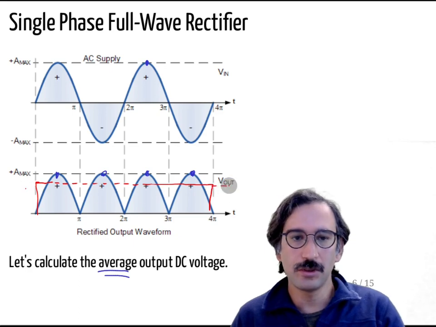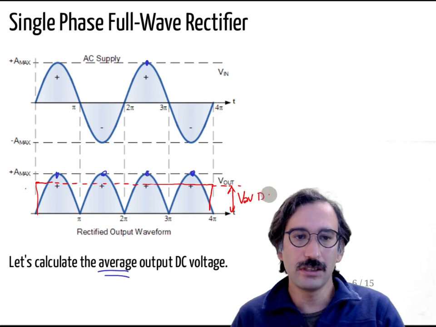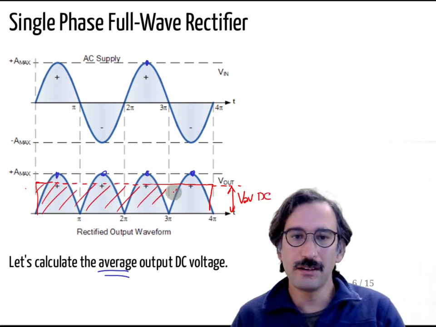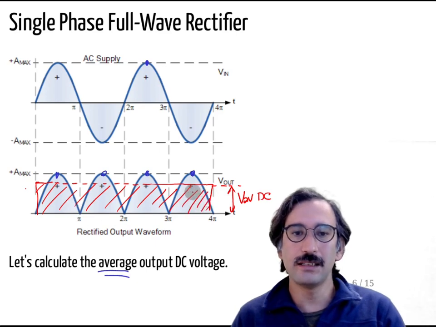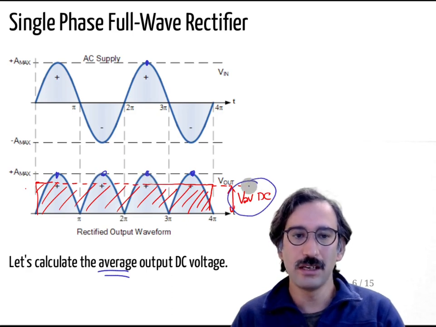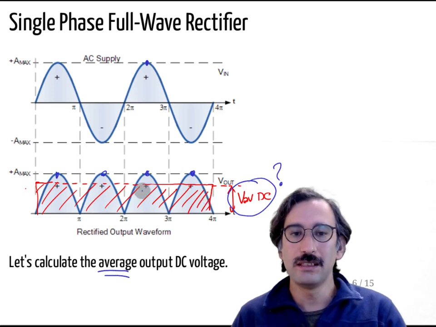So this is V average DC, and the red area under that average voltage will be equal to the blue area under those half sinusoids. So how can I calculate that average voltage so it will have the same area?